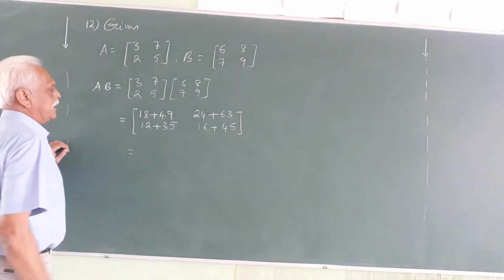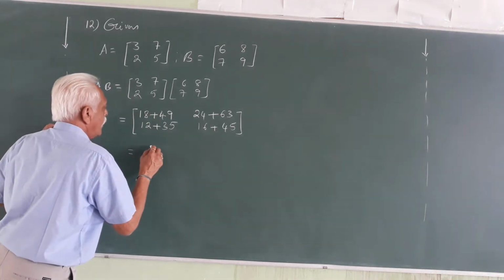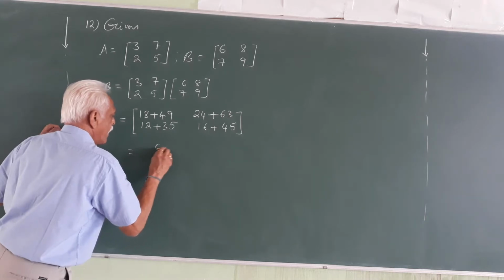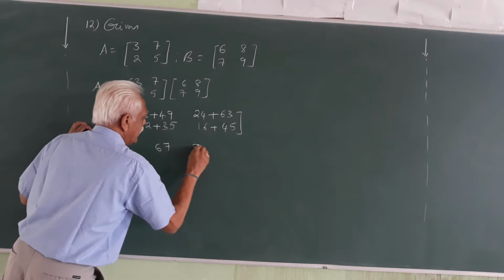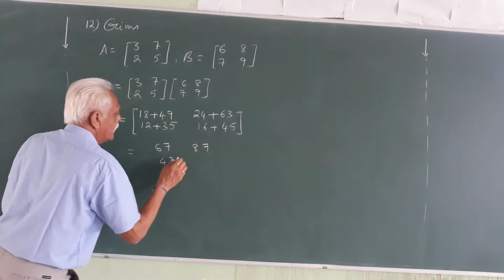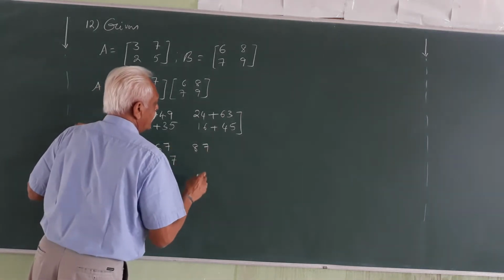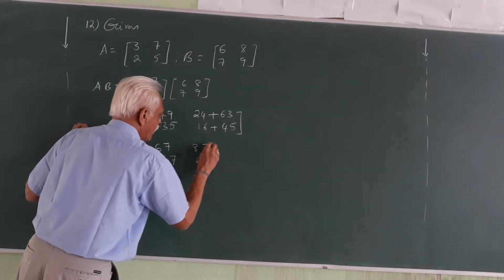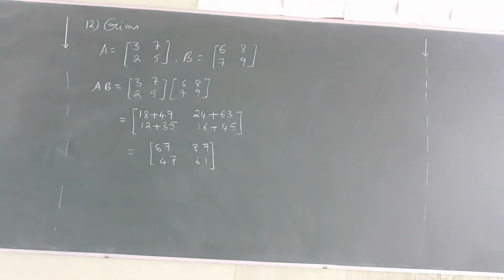This is 67, then 87, this is 47, and this is 61. This is AB. We want (AB) whole inverse.